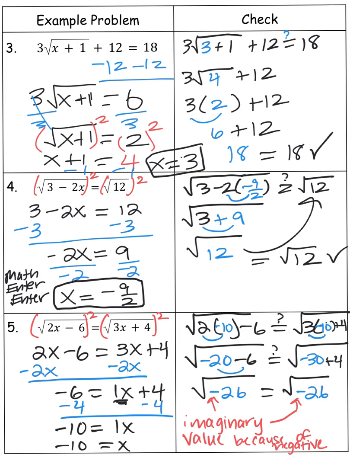So since we have those imaginary values, that means x equals negative 10 is extraneous. Therefore, the answer to number 5 is actually no solution.